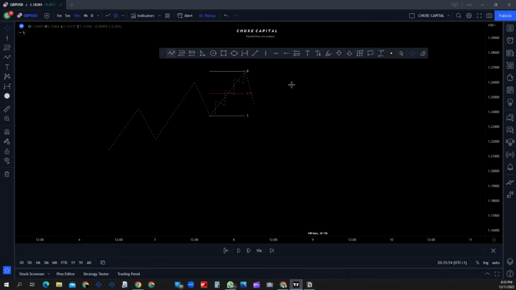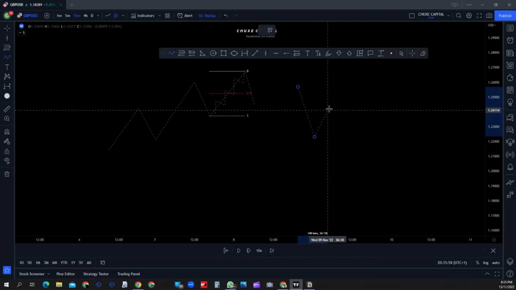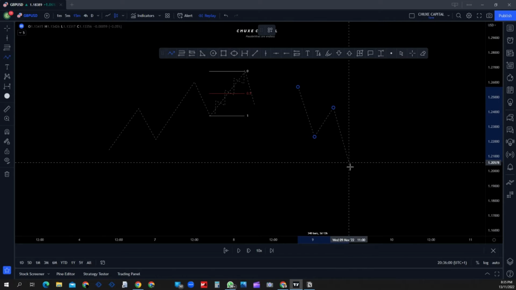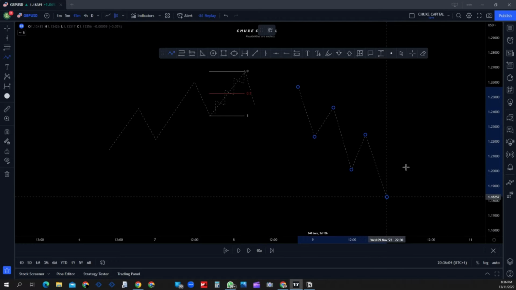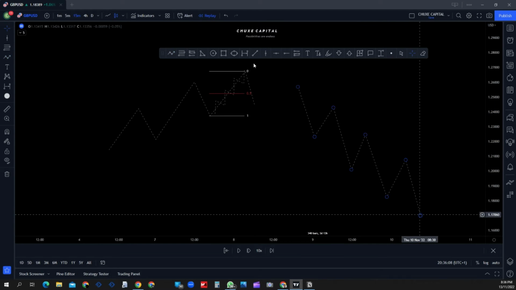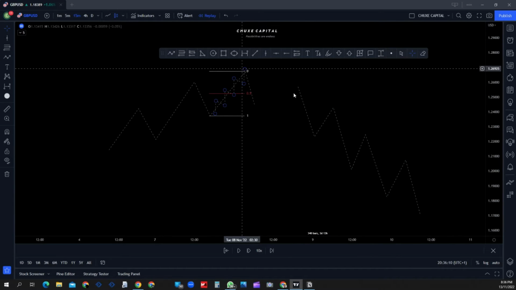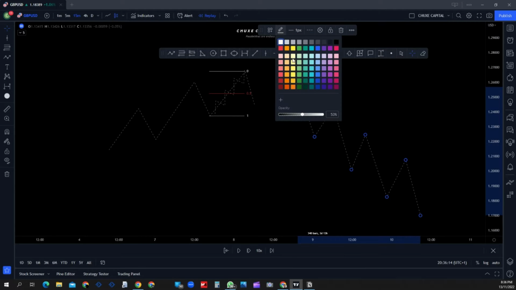So when we drop down to the 15 minutes, what is like a bread and butter for us is to sell at premium and then buy at discount. So let's say these are 15 minute legs, for instance.